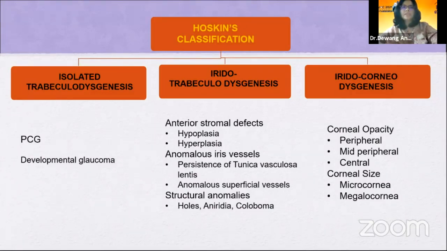So coming on to the Hoskins classification, this is the most followed classification for congenital glaucomas, and it is an anatomical classification which has classified the glaucoma into isolated trabecular dysgenesis, which consists mainly of the primary congenital glaucomas; iridotrabecular dysgenesis, which consists of anterior stromal defects, anomalous iris vessels or structural anomalies; and iridocorneal dysgenesis, which consists of Peters anomaly and cases of microcornea or megalocornea.